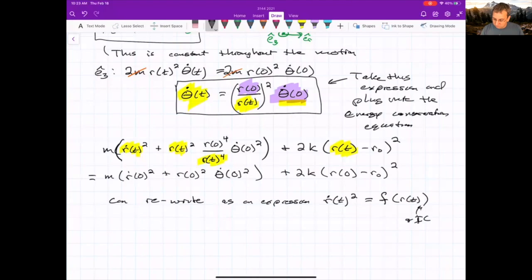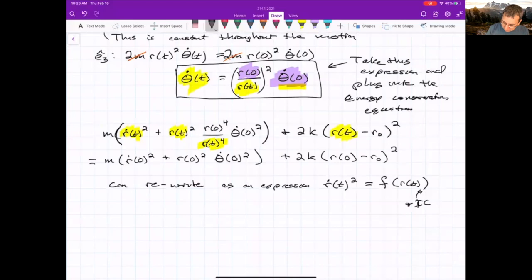But this is sort of the main thing, because what is R dot? That's dr by dt. I've got that squared. Dr dt at any time is some function of R. Once I've got it in this form, I could do some manipulation. It's just a math problem now, and I can use separation of variables to turn this into something that I can integrate.